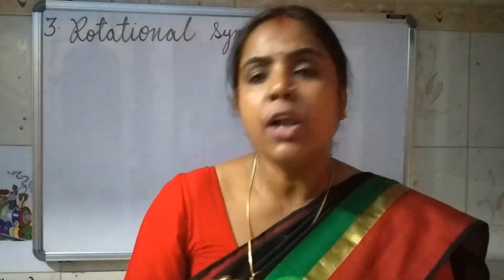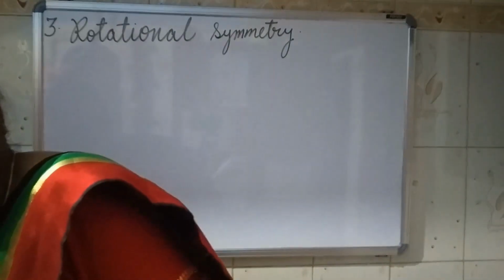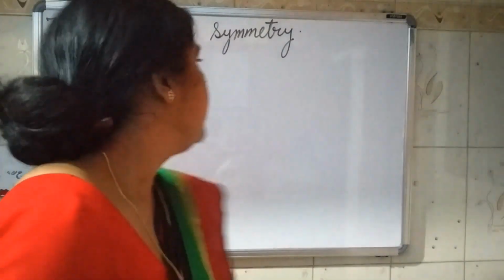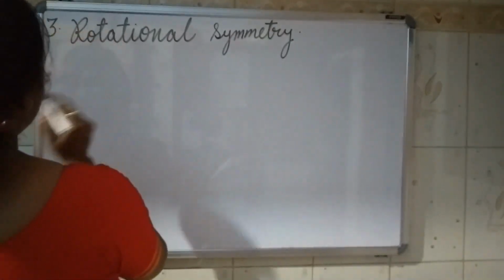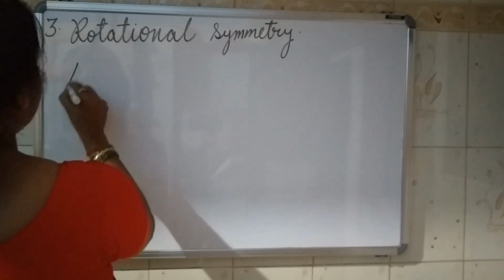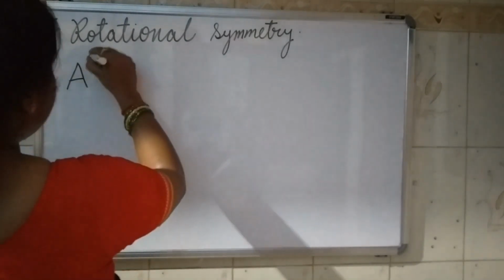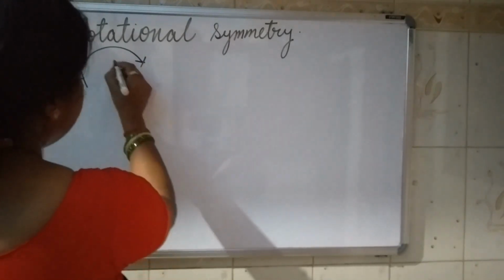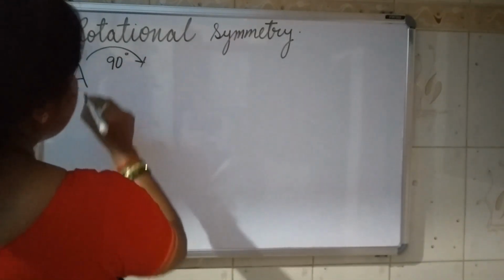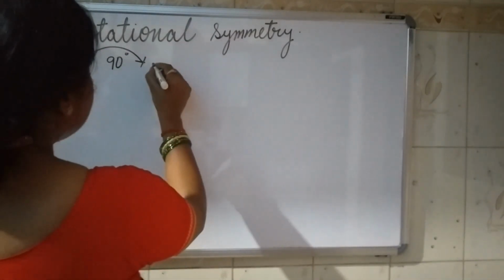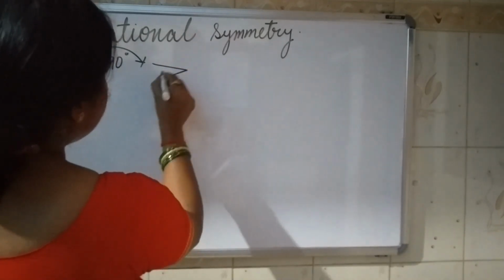Clear to you? Now if I talk about the alphabets, I will give you an example. First I am taking the example of A. This is the first position. I rotated once by 90 degrees. Always we are rotating by 90 degrees. So it reaches this position.